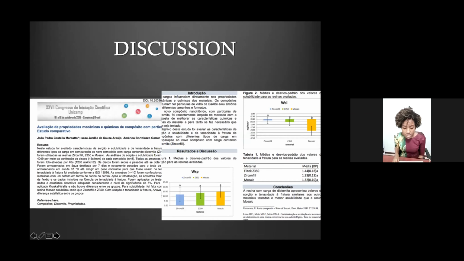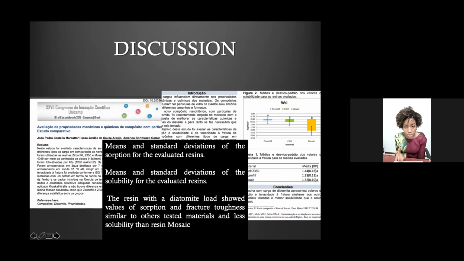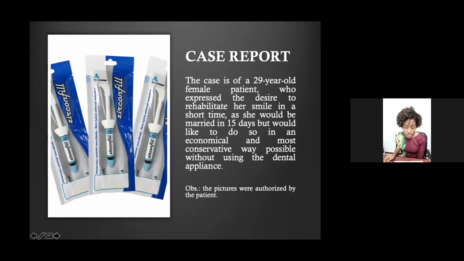Because in the beginning of the presentation, I was showing you that diatomite has pores, and this kind of porosity helps to reduce polymerization contraction. So this study is showing that the resin with diatomite load showed values of sorption and fracture toughness similar to the others tested and less solubility than the others.